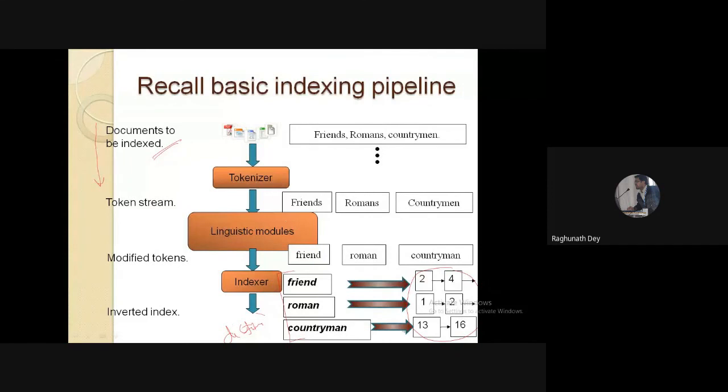So instead of writing these different types of friends, we can write a smaller form of friend which is similar to all. Like that, it will happen for all the words or all the terms. Instead of capital, we should write small in a normalized form. Instead of plural form, we can write a singular form in normalized form. Anyway, this thing we'll discuss later.